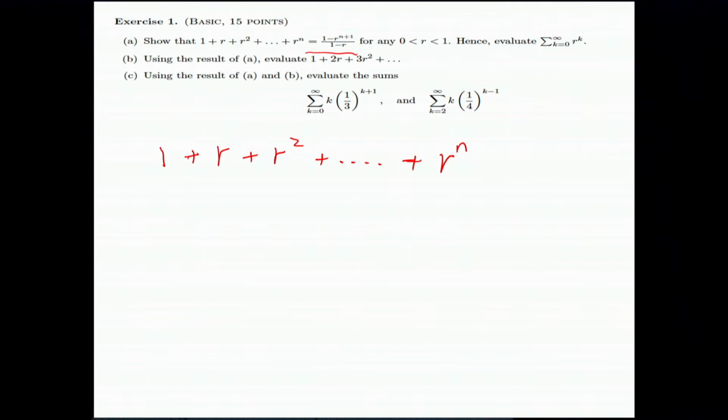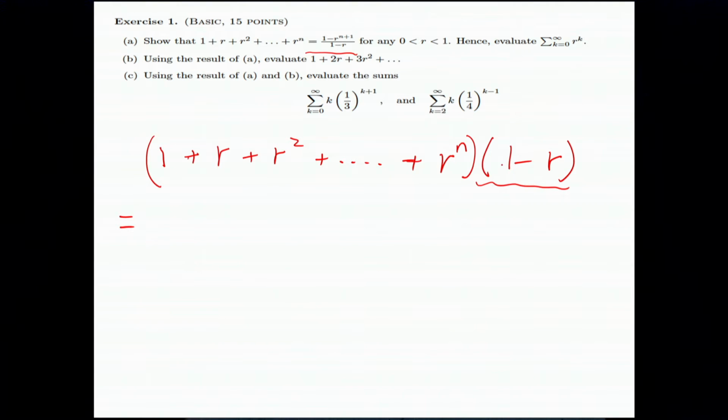If I have this times 1 minus r, if I multiply the left hand side by this, then we simplify it.